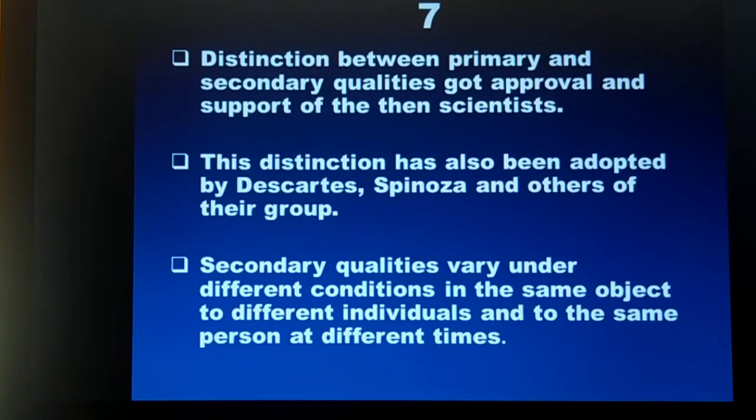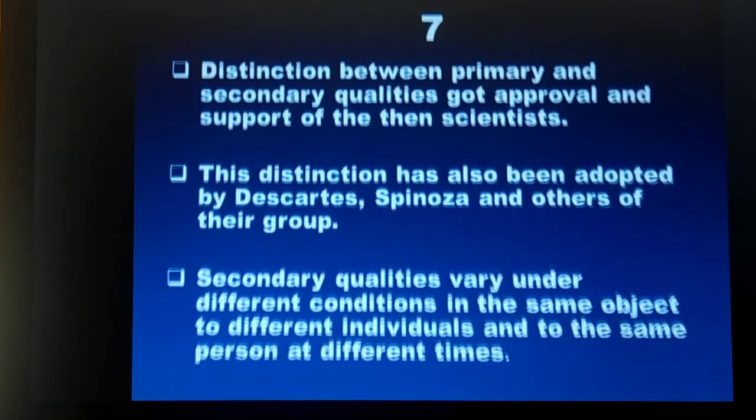And on the other hand, some rationalists like Descartes, Spinoza and others of their group also adopted the distinction between primary qualities and secondary qualities. Now, from the discussions, from the observations, we know that secondary qualities vary under different conditions in the same object, in different individuals, and to the same person at different times.